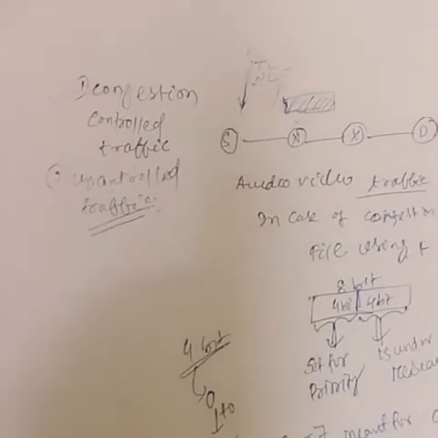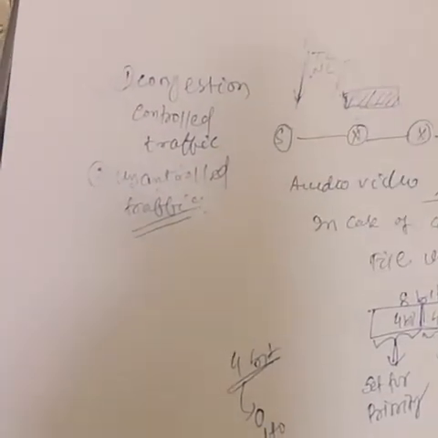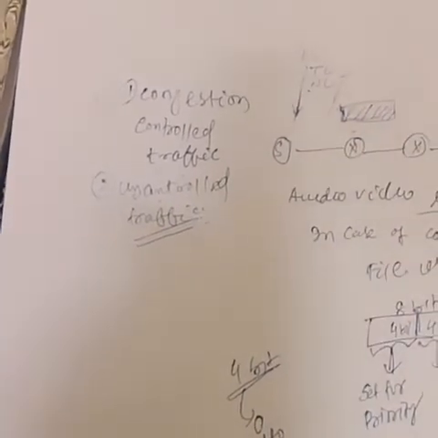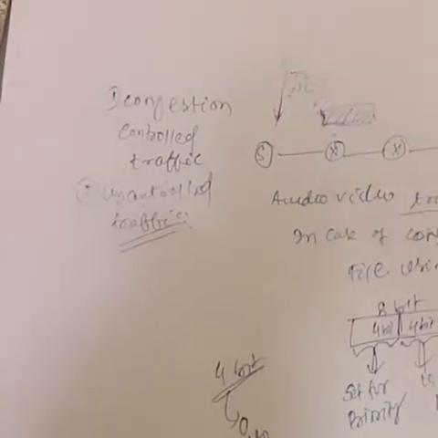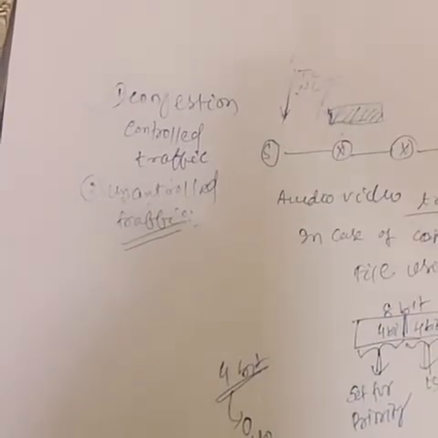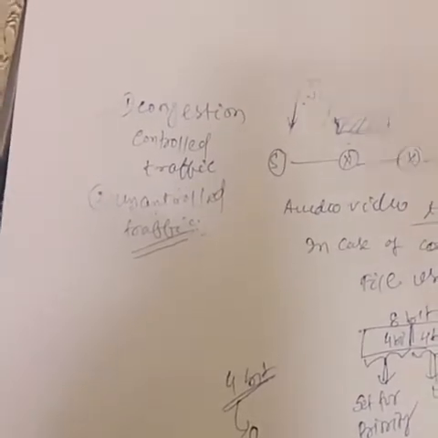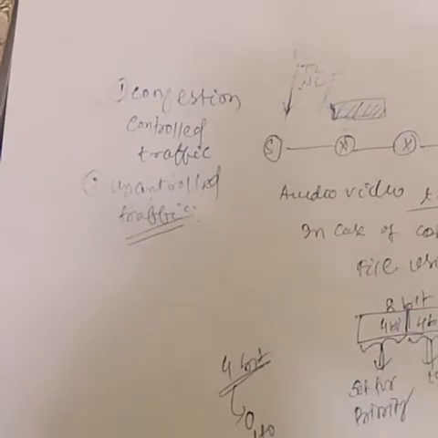But in case of uncontrolled traffic, the software is not written so intelligently that it can understand the congestion. In case of uncontrolled traffic, we do not want the packet to be discarded. For example, audio video. If the router discards some of the packets of audio video, then what will happen? There may be discontinuity in the audio or video.